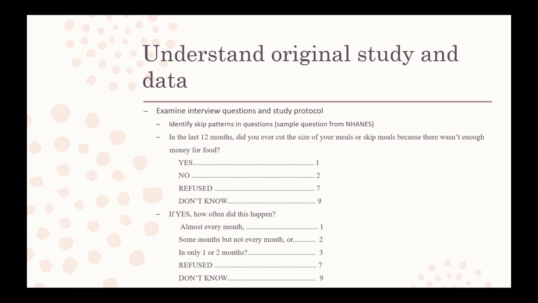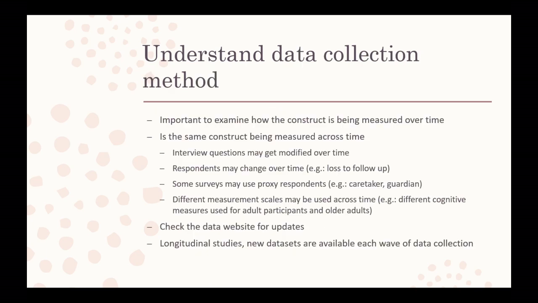And when this happens, that leads to some kind of data that is missing in the data set, because obviously there is going to be no response for this particular question. And this is what is known as a skip pattern in questions, wherein if you answer yes, then move forward to the next question. If your answer is no, skip to question 3. So that is what is known as skip pattern in questions.